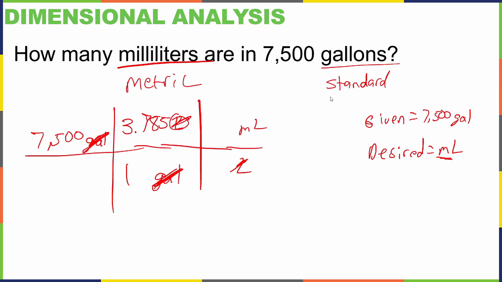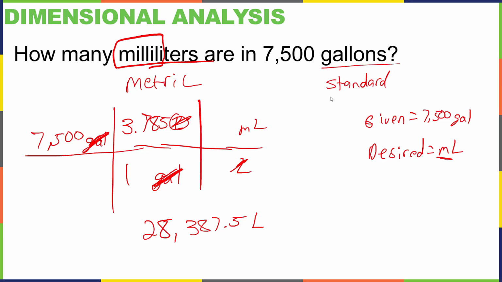So we're going to have 7,500 times 3.785, and that gives us 28,387.5 liters. But we want to go to milliliters.